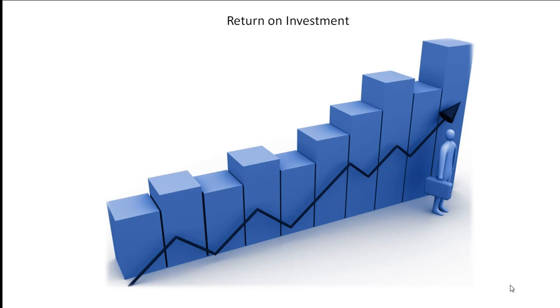A solar electric system that produces 6,000 kilowatt hours of electricity per year in an area where electricity sells at 9.5 cents per kilowatt hour generates $570 worth of electricity each year. So if the system costs $8,575 after rebates, the simple return on investment equals around 6.6%.